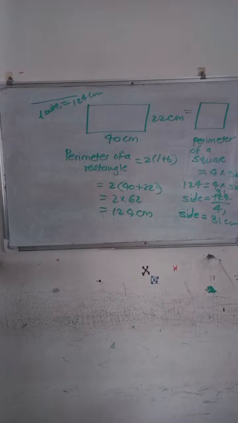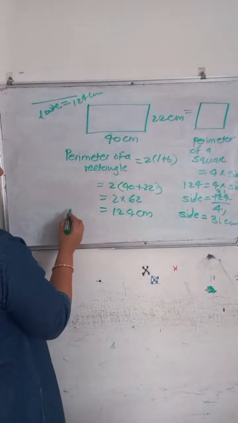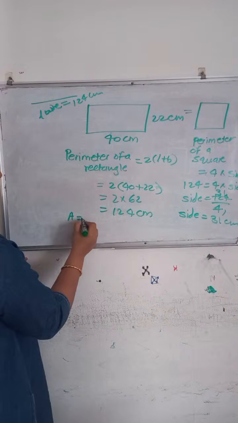Can you get this? And after that they are asking, now once we get the side, which side encloses more area. So once we have the rectangle, calculate the area of the rectangle.